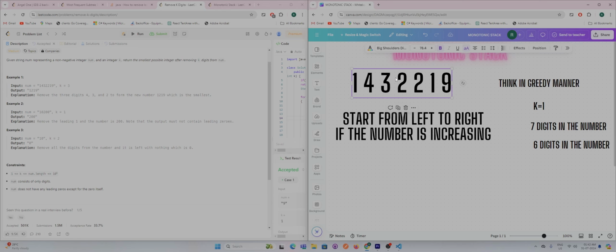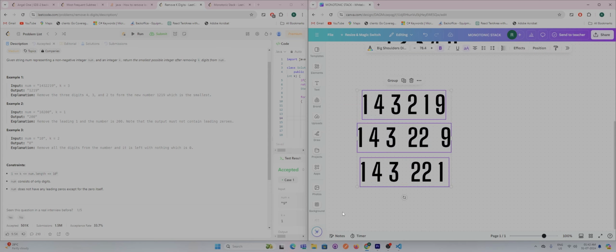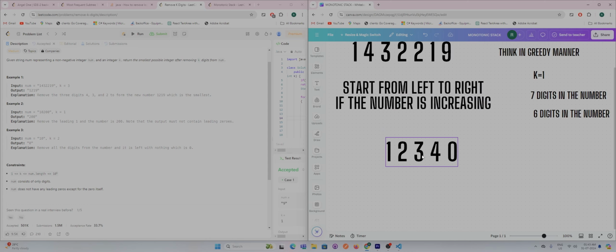So if you have a number like this, think of it: 1 2 3 4 and then 0. Think of all kinds of examples. And like I said, the more you practice, the more you understand these kinds of problems. So 1 and then 2 is increasing, and then 3 is increasing.